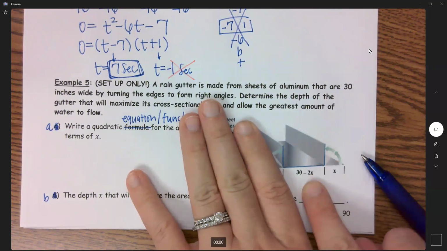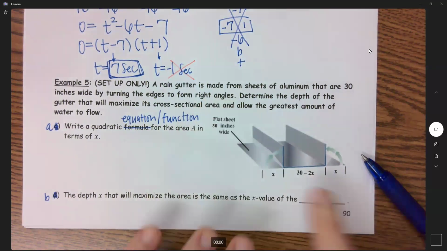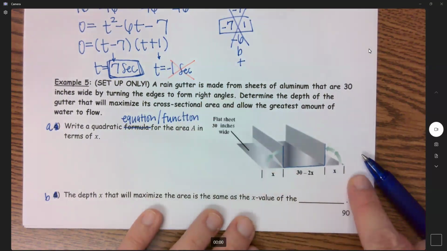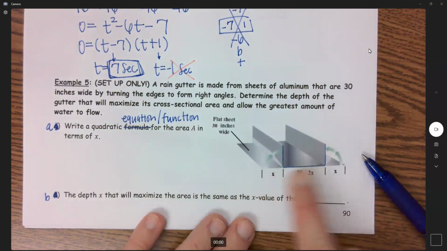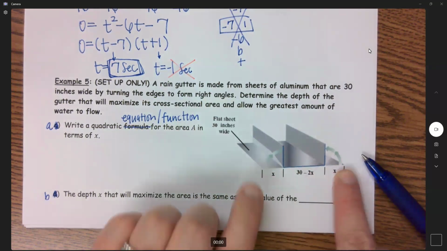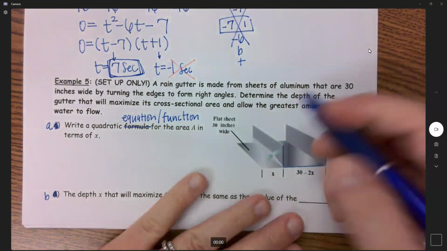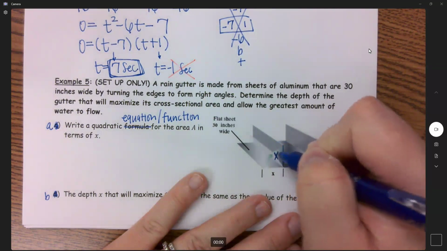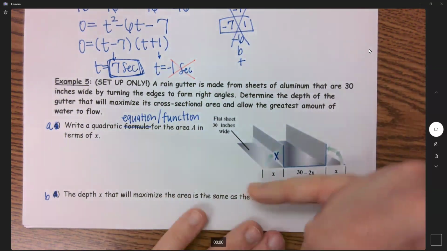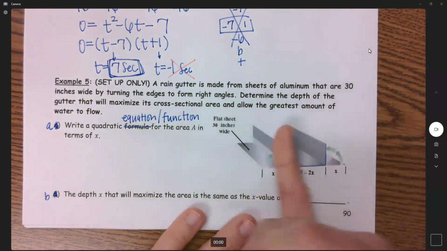And so that 30 minus 2x is because it's 30 total, and then we're subtracting this number and this number, and x plus x is 2x. Now this side right here will be x, because whatever you're taking here, you're turning it up.